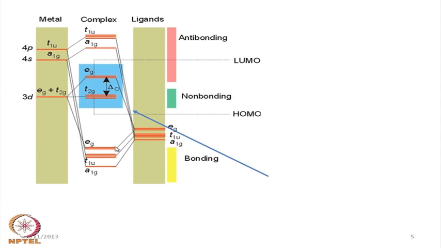Whatever we considered earlier in crystal field theory, the crystal field splitting, the crystal field stabilization energy, and the stabilization in terms of delta octahedral, here we find that the Eg bonding level is further stabilized.